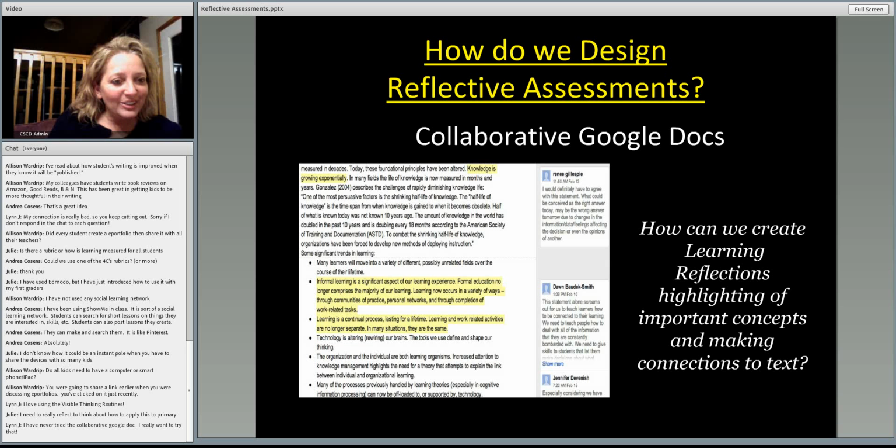One of the questions: do all the kids need to have a computer or a smartphone or iPad? One of the things we did today with this type of learning is we did it in small groups, and we discussed, and we had one person be the recorder.